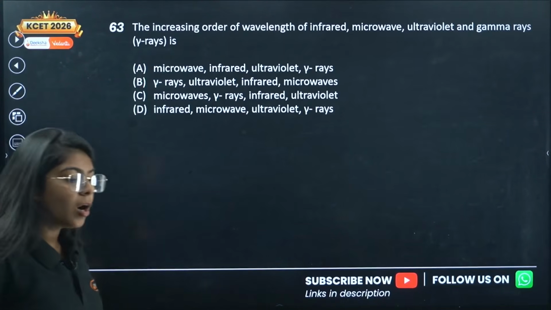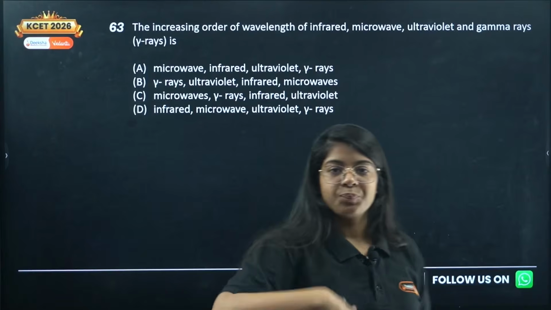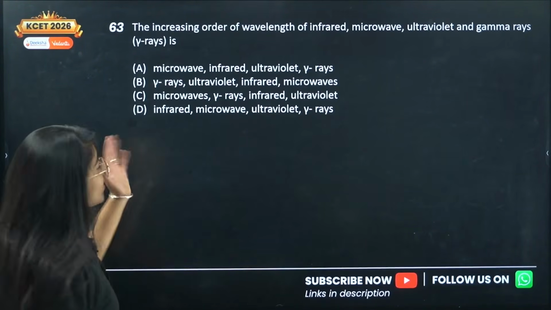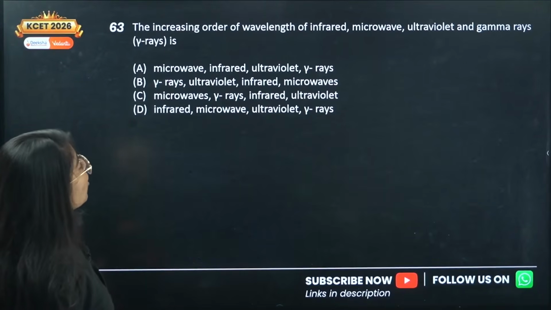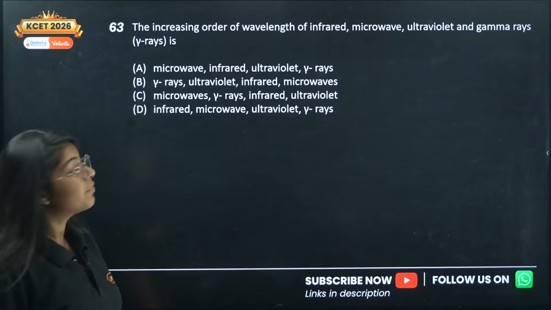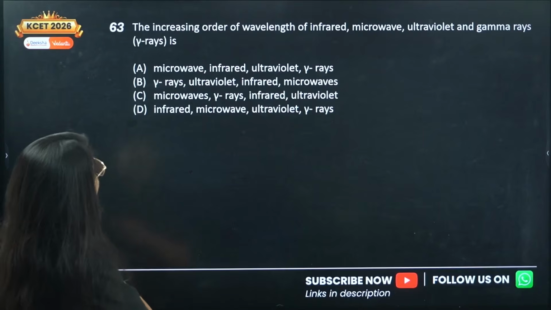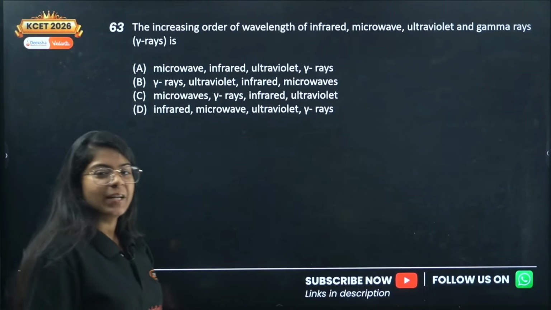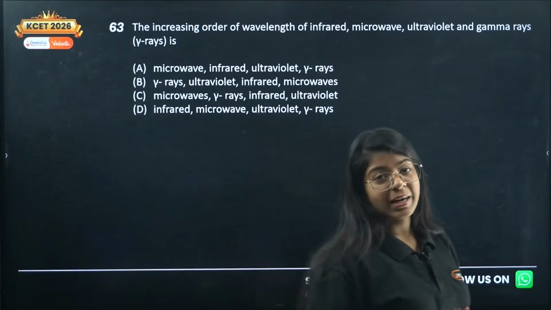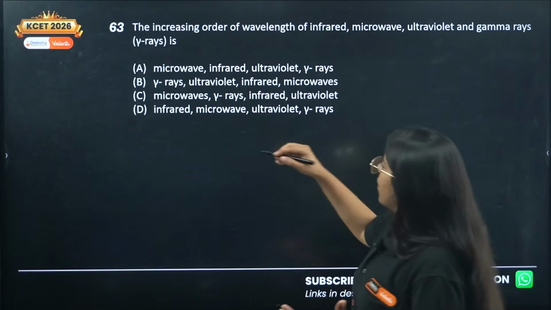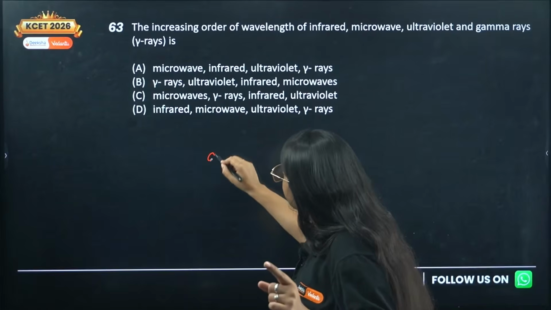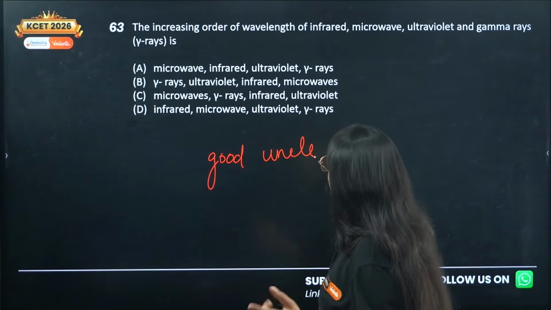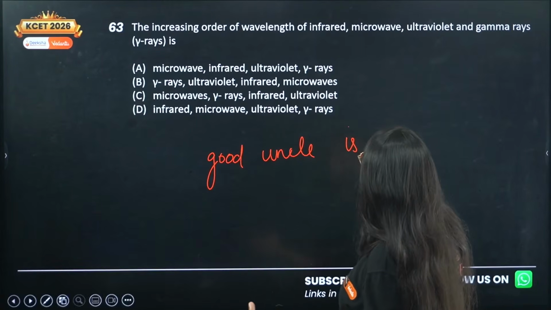And in the name of your grandfathers and grandmothers, all the lovely grandmothers out there, 63rd question. The increasing order of wavelength of infrared, microwave, ultraviolet, gamma rays is what? These are all the options you can read, but I have a quick trick for you. Let me remember, it's something like good uncle is angry, something like that.